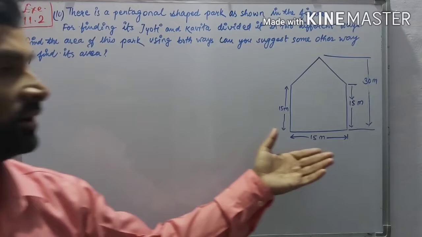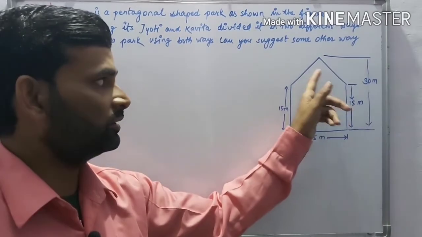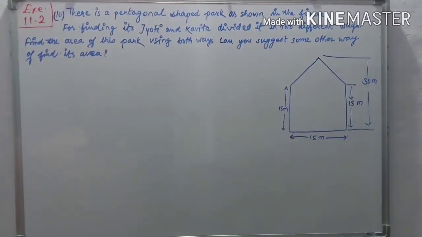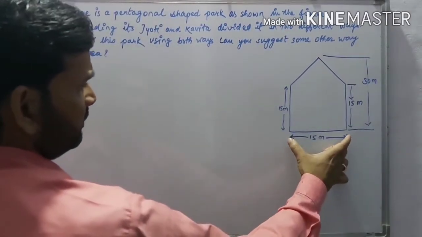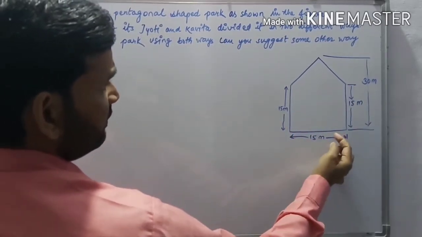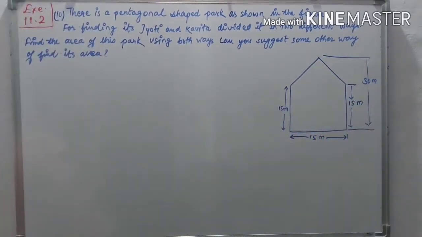Okay, it is given in the diagram that it is a pentagon because it has 5 sides, 1, 2, 3, 4, 5. It is not a regular pentagon because all sides are not equal. The distance is 15, again this distance is 15 and the total distance from the top point to the bottom line is 30. Okay, and Jyoti and Kavita divide it in two different ways.